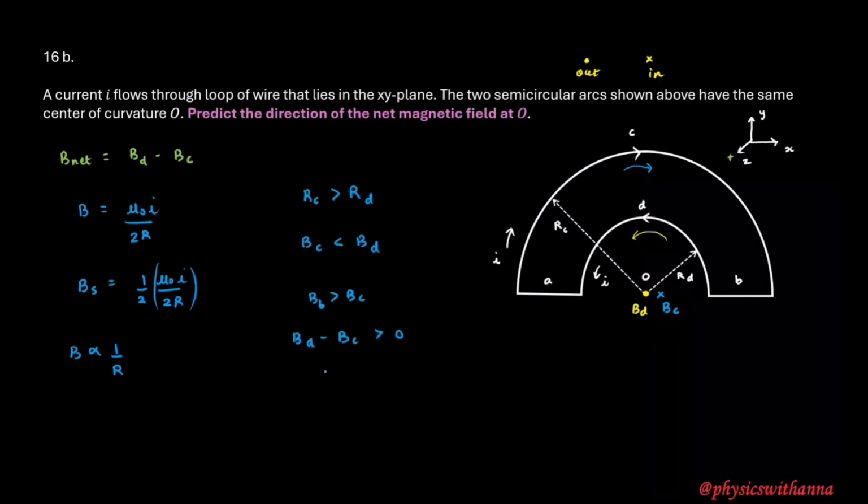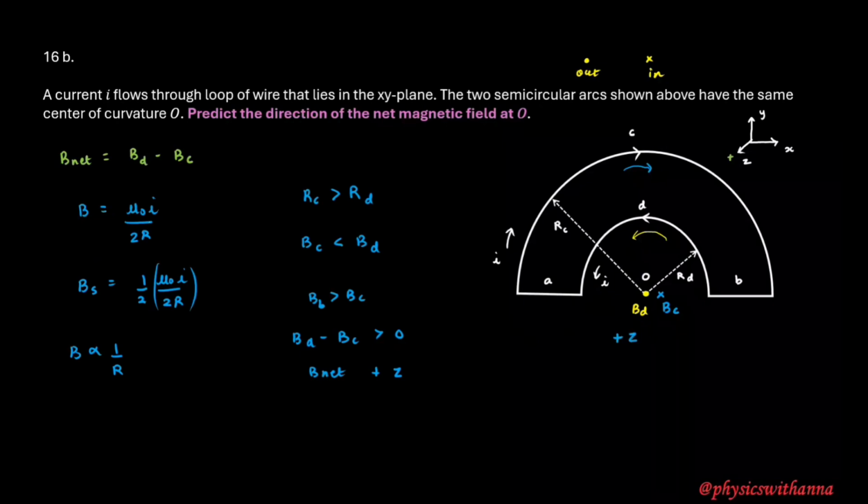And if it is greater than 0, that means the net magnetic field must go in the positive z direction. It will be in the same direction as BD, as that is the greater vector. So the net direction of magnetic field at point O will be along the positive z-axis.